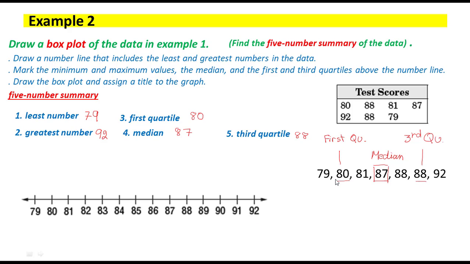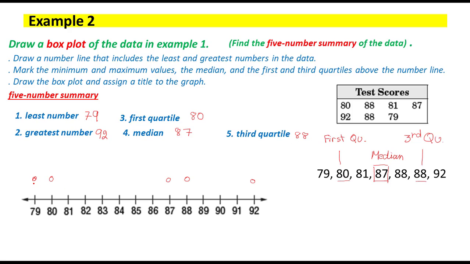I'm going to mark the 5-number summary that I just found. The least number is 79, so I put a point here on 79. The greatest number is 92. The first quartile is 80. The median is 87, and the third quartile is 88.